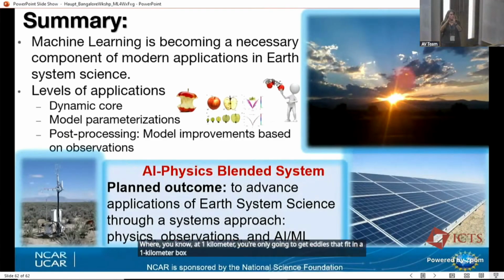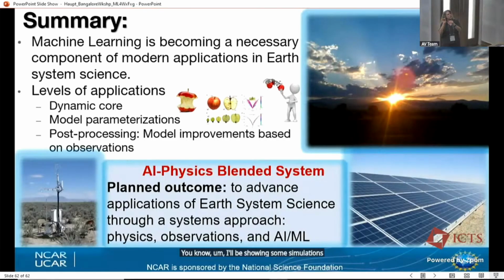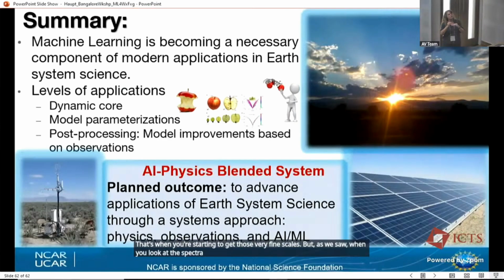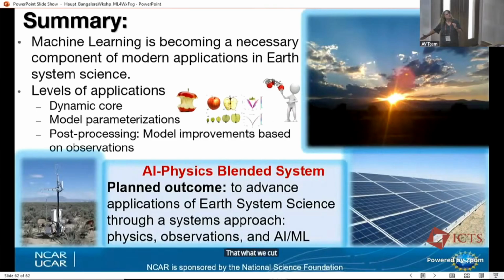At 30 meters, you're only going to get the size of eddies that fit in a 30-meter box. I'll be showing some simulations that go down to 5 meters, and that's when you start to get those very fine scales. But as we saw when you look at the spectra, it's those very fine scales that are not correct. We got far enough down the spectra that what we cut off didn't make a difference.